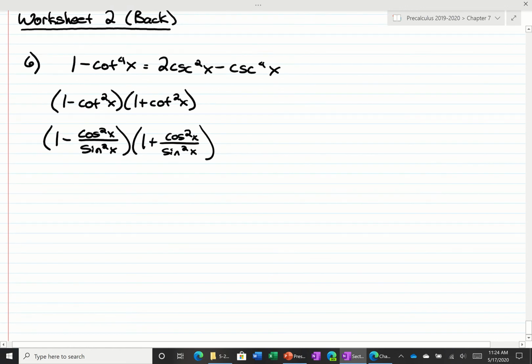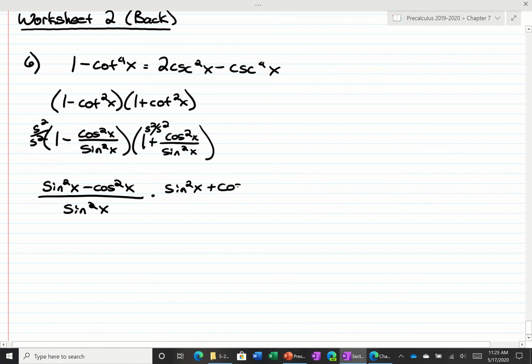And if we get a common denominator, I can multiply this by sine squared over sine squared. Get a common denominator here, sine squared over sine squared. And we wind up with sine squared of x minus cosine squared of x over sine squared of x times sine squared of x plus cosine squared of x over sine squared of x.